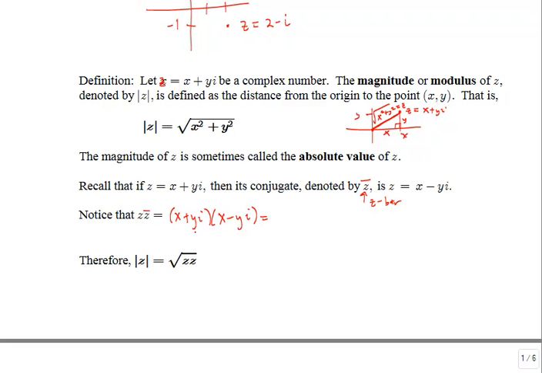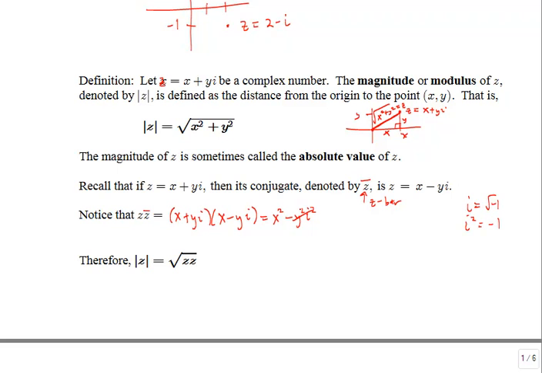If we were to FOIL this out, notice that you do get a difference of squares pattern here. So x times x is going to be x squared. You'll get a minus xyi and a plus xyi, so those middle terms will cancel out. And then you'll get a positive yi times a minus yi, which would be a minus y squared i squared. And remember that by definition, i is the square root of -1, so i squared is equal to -1.